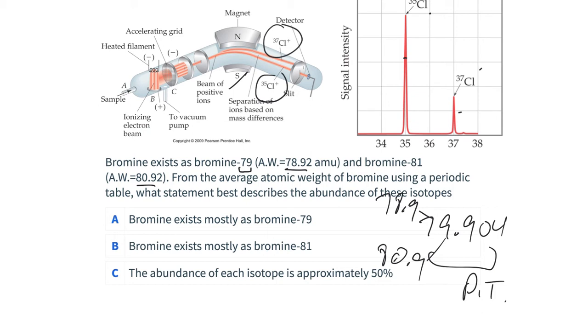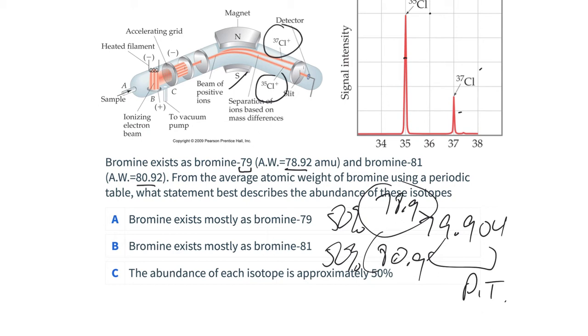So what do you think the abundance is of bromine 79 and bromine 81? Probably about 50-50. So if we had about half of this isotope and about half of this in a natural sample, then we would arrive at an average atomic weight that's roughly in between those two values.